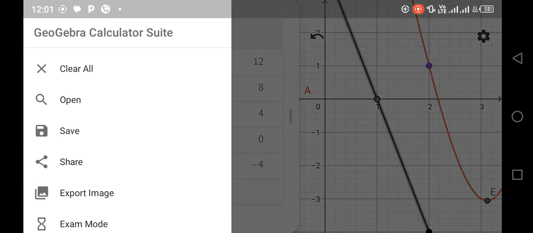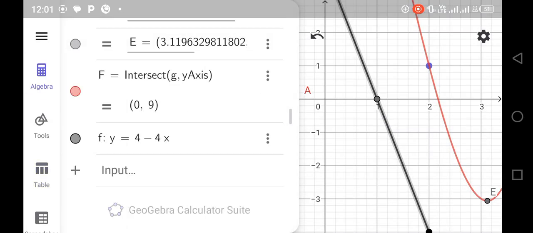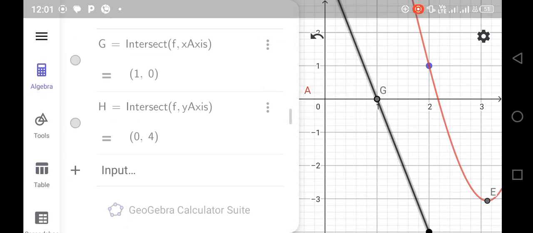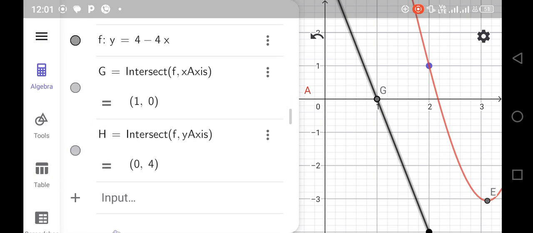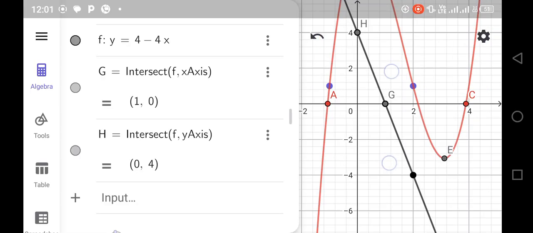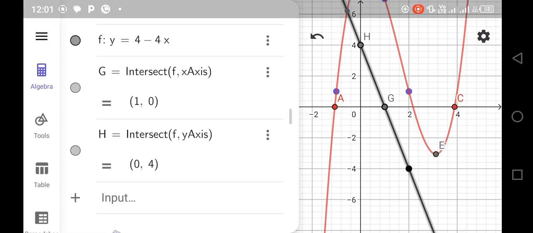From there, let's come and have the special points we need to plot in that particular graph. We have G. Let's go to our graph. The point G is 1, 0, as you can see, and H. That line is going to intersect the y-axis at H, the point 0, 4, and the x-axis at G, the point 1, 0.